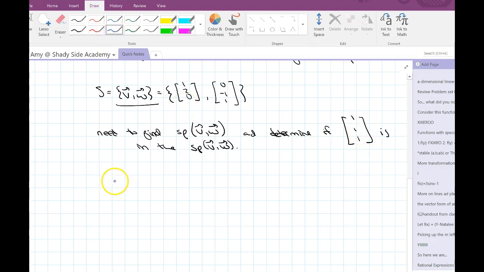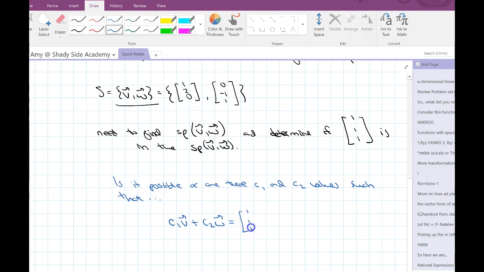In other words, is it possible, or are there C1 and C2 values such that C1 times vector V plus C2 times vector W would equal 1, 1, 1?